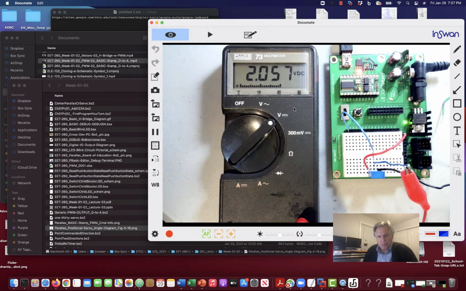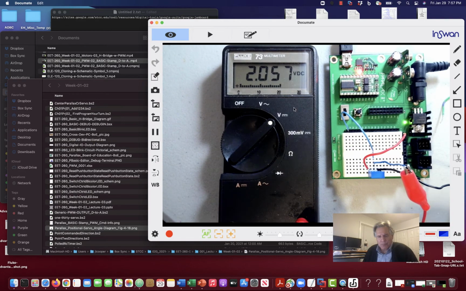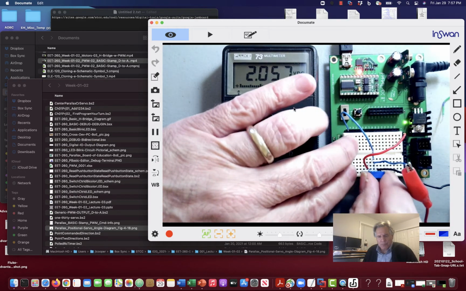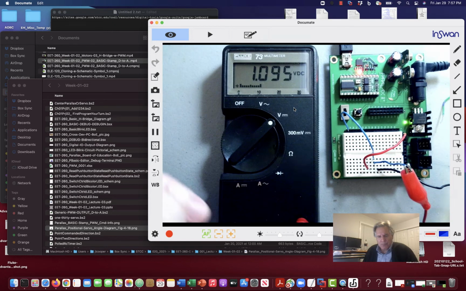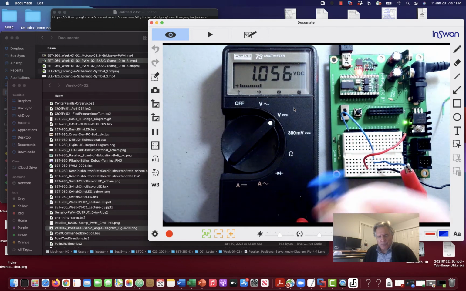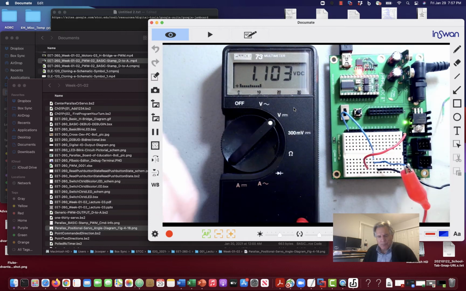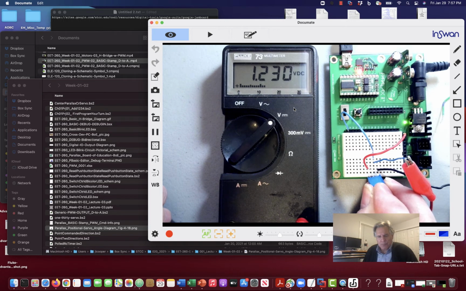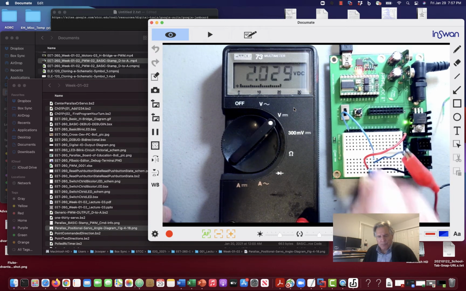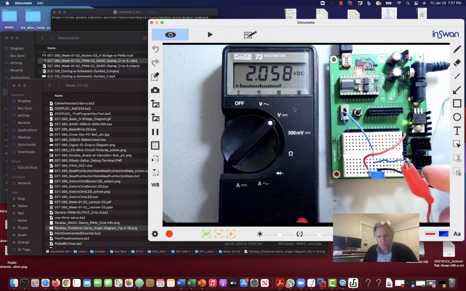Without further ado, let's take a look at a circuit we have here. I've got a potentiometer here, and I think it's a 10K. One end of the potentiometer is connected to ground, VSS, over here.